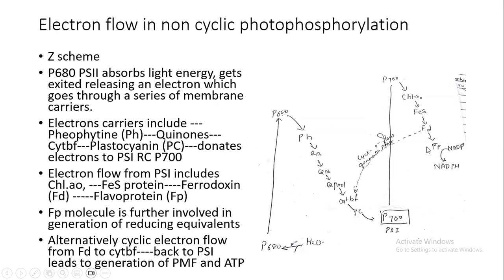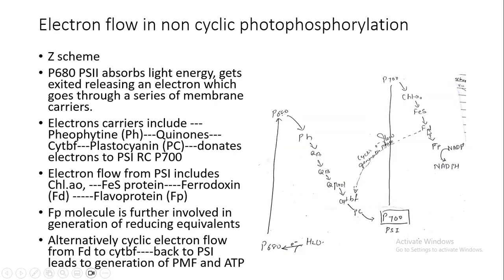The flavoprotein molecule is involved in generation of reducing equivalents in the form of NADPH. So here, the electron that is emitted by the photosystem 1 is actually used up in generation of reducing equivalent.